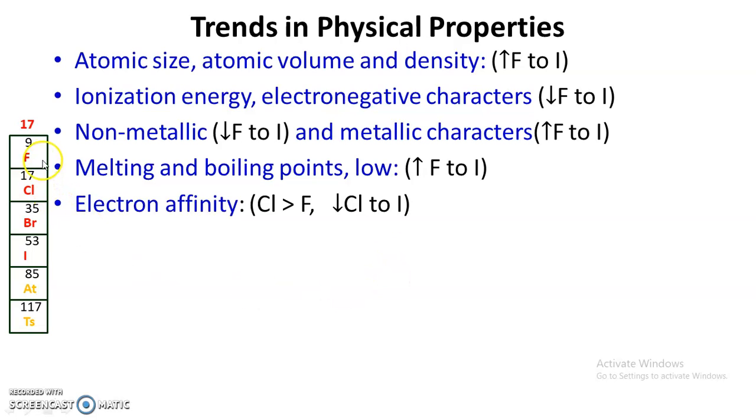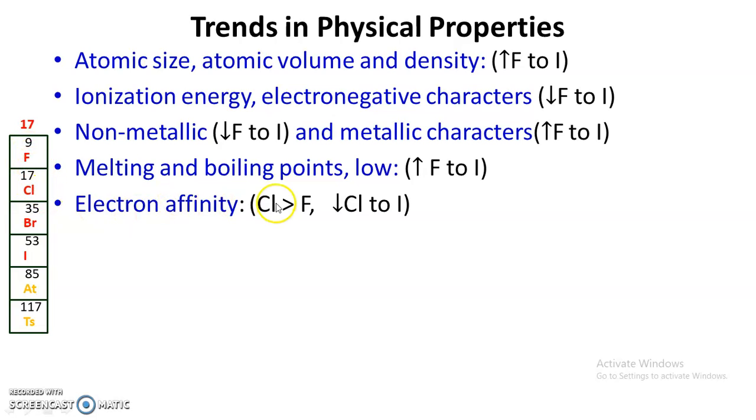Basically the trend should be like this: from fluorine to iodine, electron gain enthalpy should decrease, and fluorine should have the highest electron gain enthalpy or electron affinity, but exceptionally chlorine has the highest electron affinity.